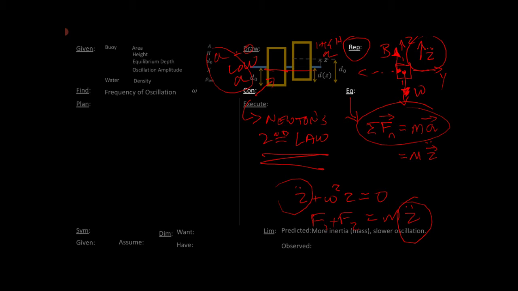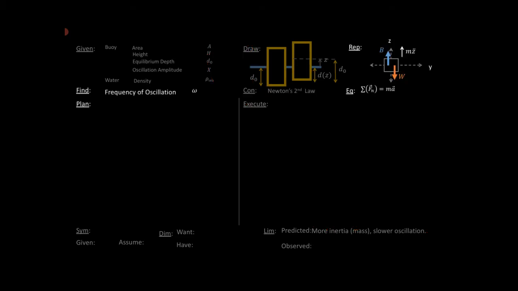All right, so what do we want to do now? We want to plan this out. We always start our plan with our target, right? The thing we want to find, this frequency of oscillation.